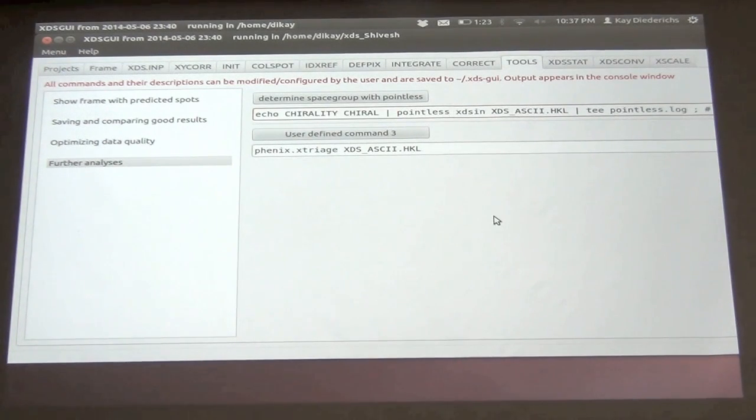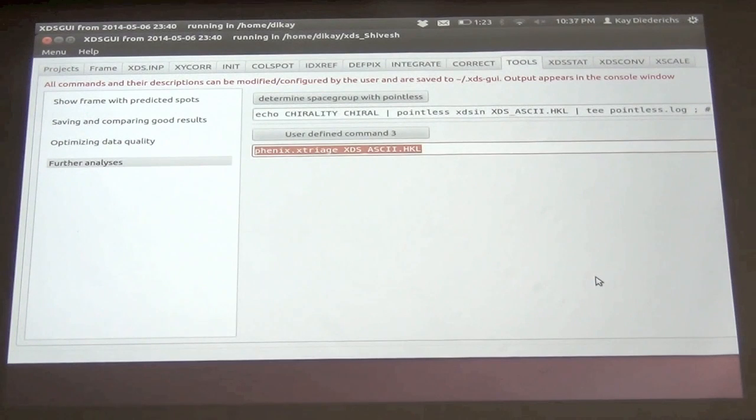It's editable, and if you go out of XDS GUI, it will be saved in your home directory. There's a file, .xdsgui, and your changes will be stored there. And here you could have your own commands. You could run HKL2Map as a user-defined command. You can change the label on the button and so on.